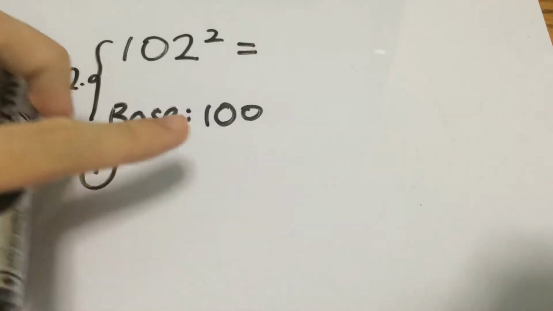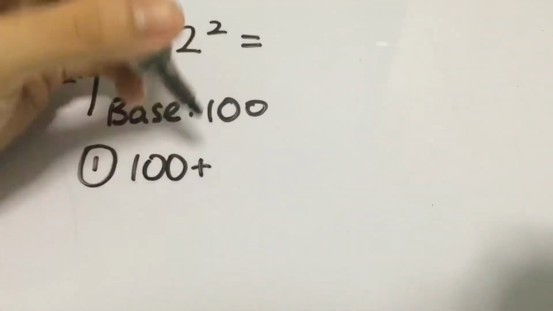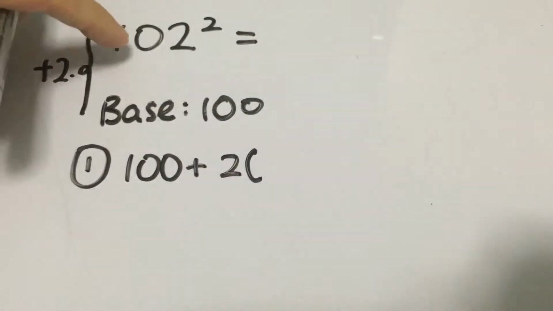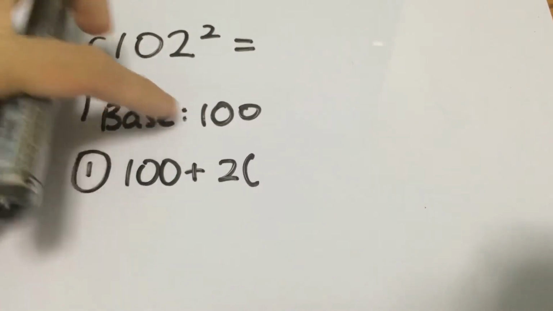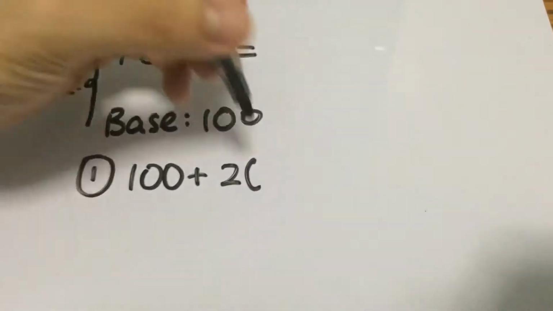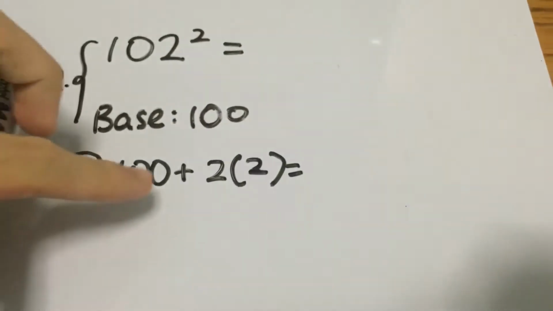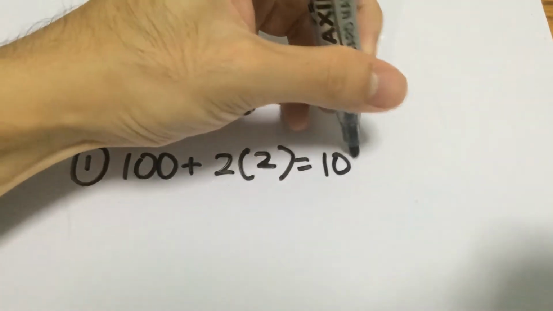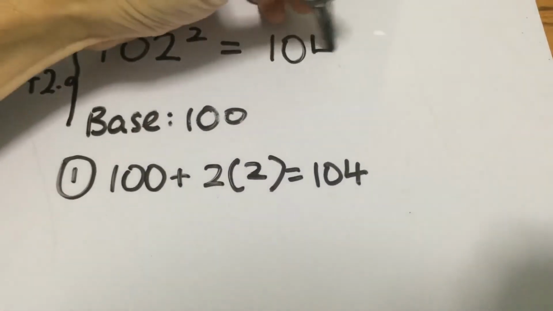The next thing is you take 100, which is the base, plus 2 times the difference, which is 2, because this is 102 and this is 100. We sum it all up, and that equals 104. So this 104 is the first 3 digits of my answer.